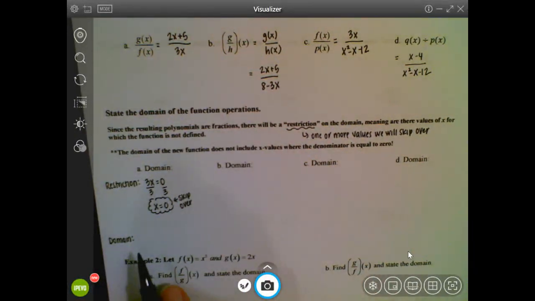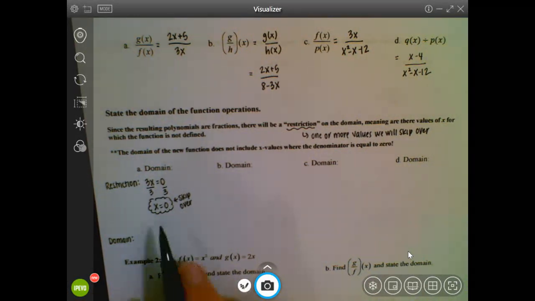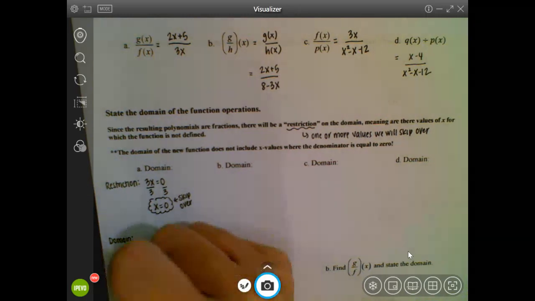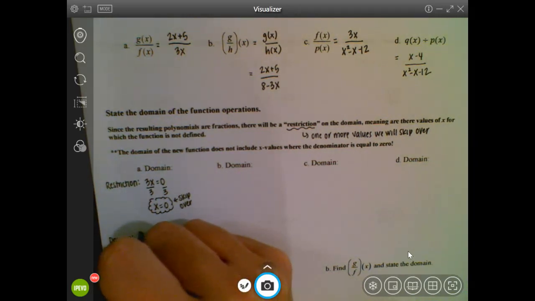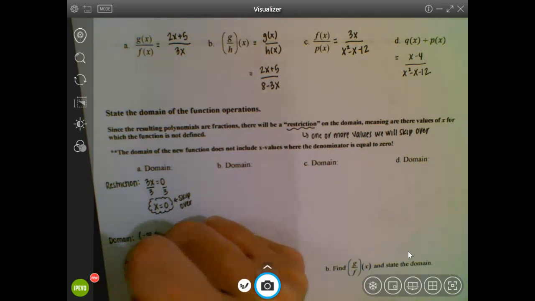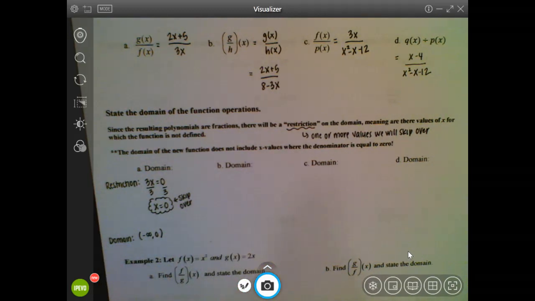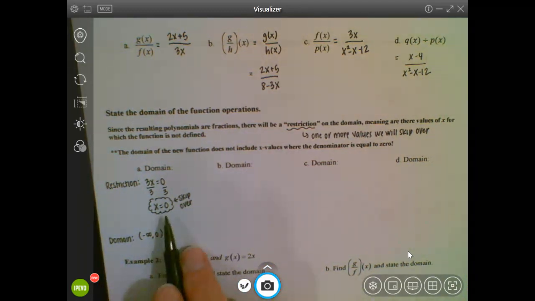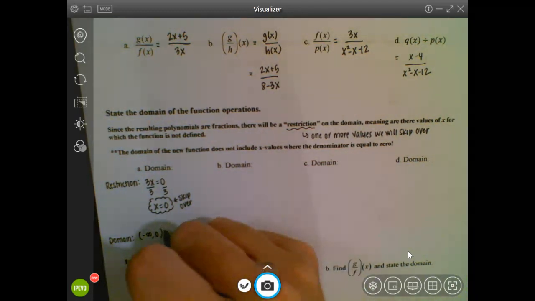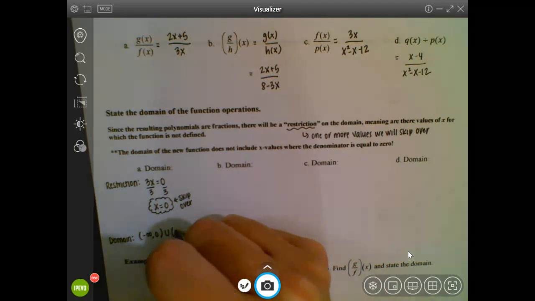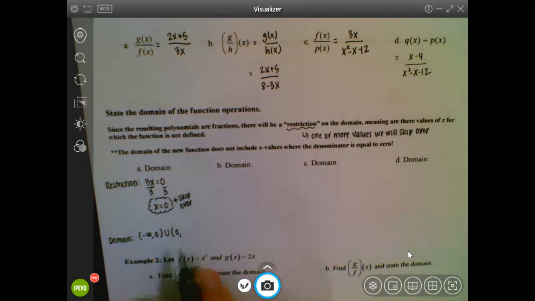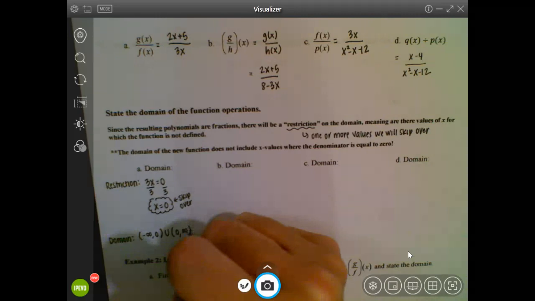So when I write the domain, it's basically going to be all real numbers, so negative infinity to positive infinity, except for 0. So in interval notation, that would be negative infinity to 0. I'm going to use an open parenthesis because I don't want to include this value. And then I'm going to put the union symbol, and then I'm going to put the open parenthesis and then the 0 again, and I'm going to put the infinity.